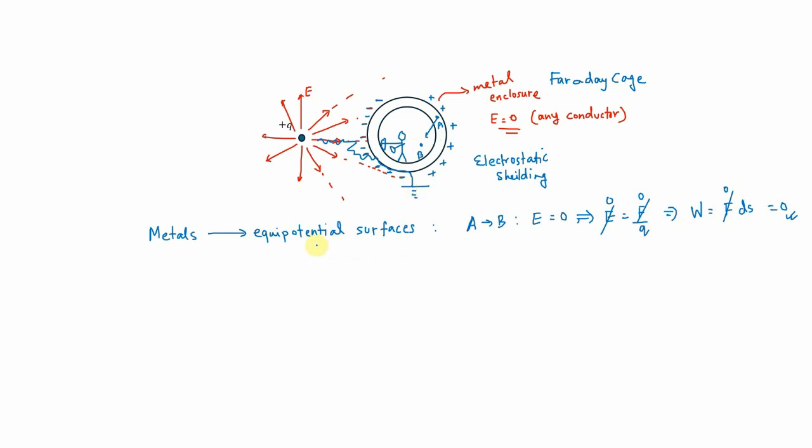We know that electric potential energy is U, and when divided by whatever charge you're carrying, it becomes the electric potential, capital V. This means that moving from A to B, you are not going through any change in the potential, because the electric field is zero.